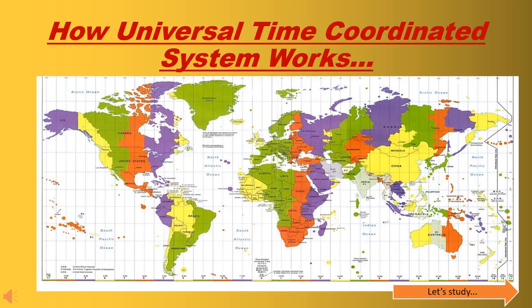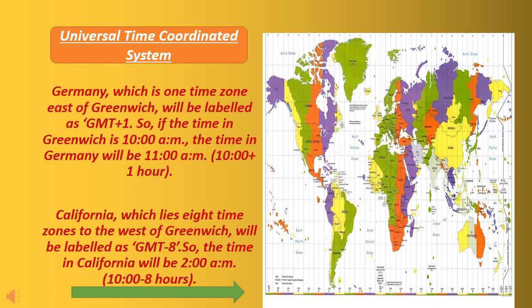How the Universal Time Coordinated System works. Let's study the Universal Time Coordinated System. Germany, which is one time zone east of Greenwich, will be labeled as GMT plus 1. So, if the time in Greenwich is 10 a.m., the time in Germany will be 11 a.m., 10 a.m. plus 1 hour.